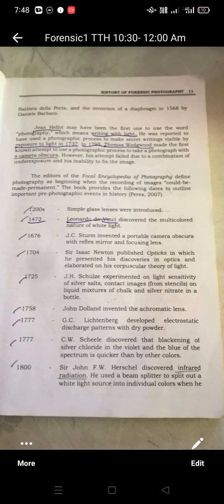In 1800, Sir John Herschel discovered infrared radiation, and in the same year, T. Wedgwood and H. Davy discovered contact copying of leaves etc. sensitized with silver nitrate.